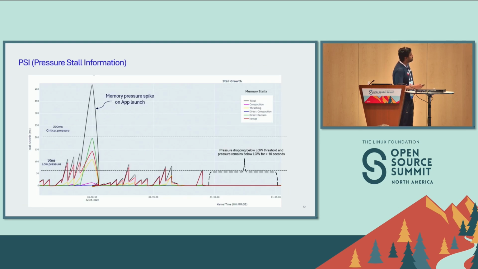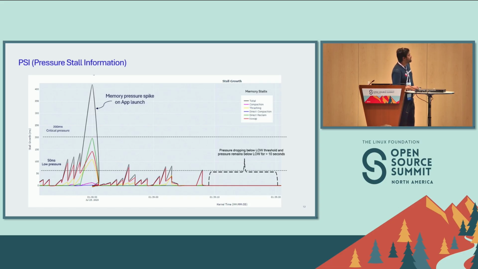So here's a real world example where we are using PSI in our system for Snapdragon. If I launch an app, let's say a camera app, which is very memory intensive, you see this black line is the total process stall, and this is all for the memory. The other colors are for compaction, thrashing, and other things.